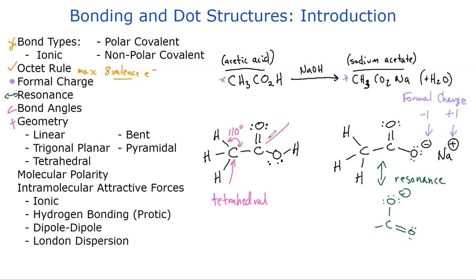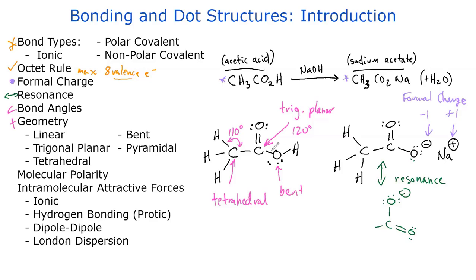We'll say that this carbon, with its double bond to the O, is trigonal planar, and so those bond angles are about 120 degrees. And we'd say that the geometry around this oxygen with a hydrogen and a carbon is bent because of the presence of the lone pair.